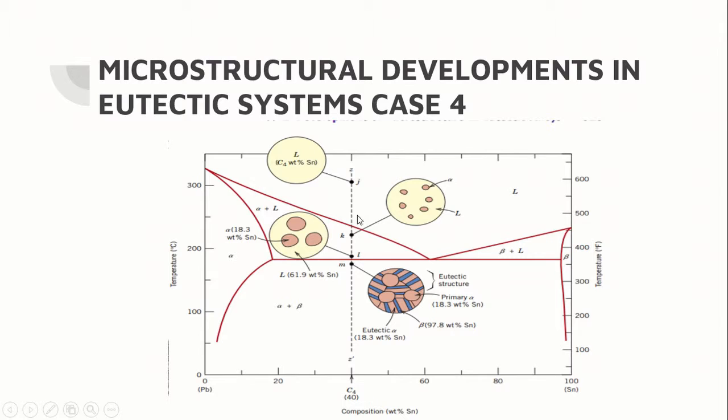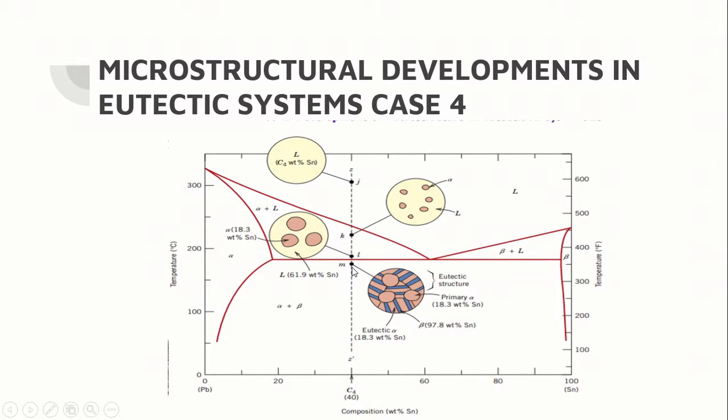If we cool it down just around this point, we have liquid and a few alpha particles. As we decrease temperature, the alpha particles will become bigger, just above the eutectic point.